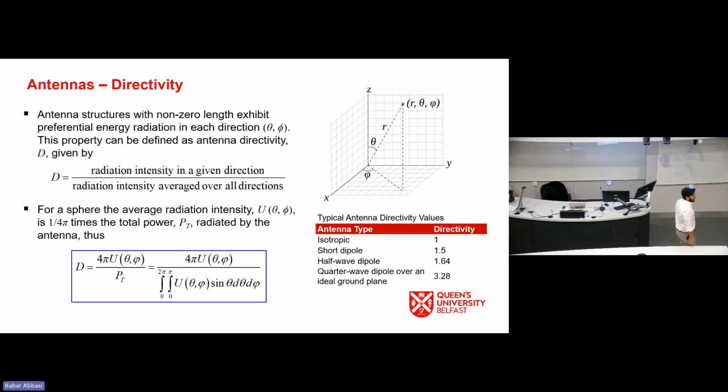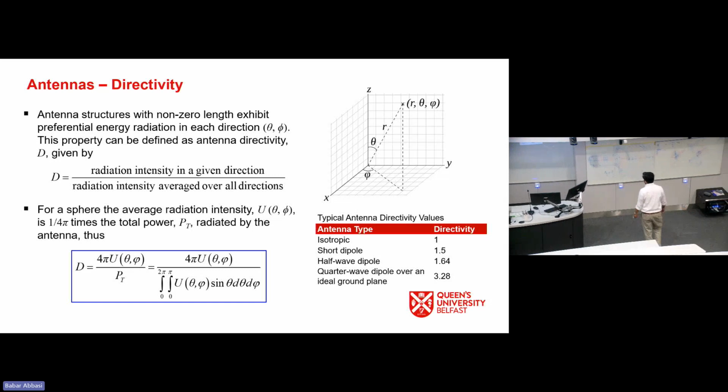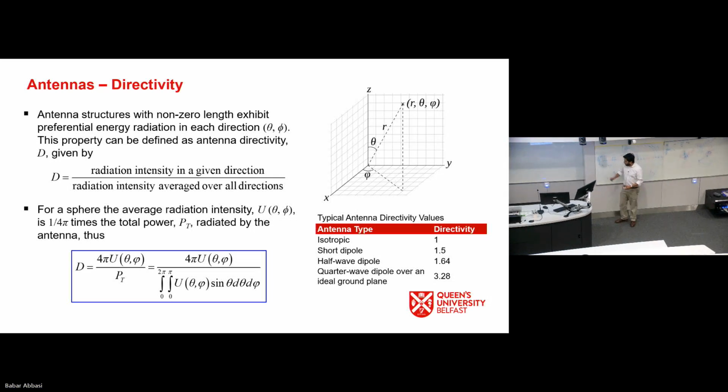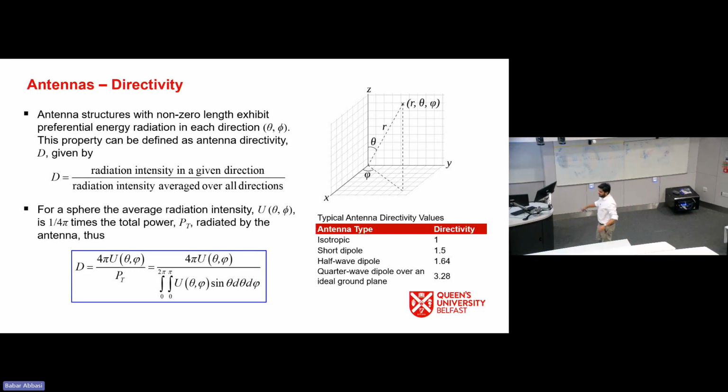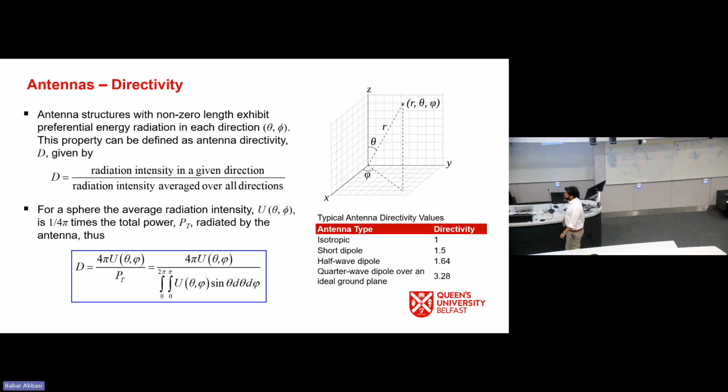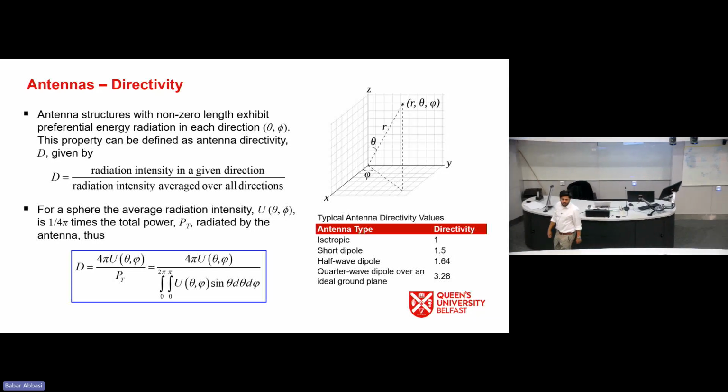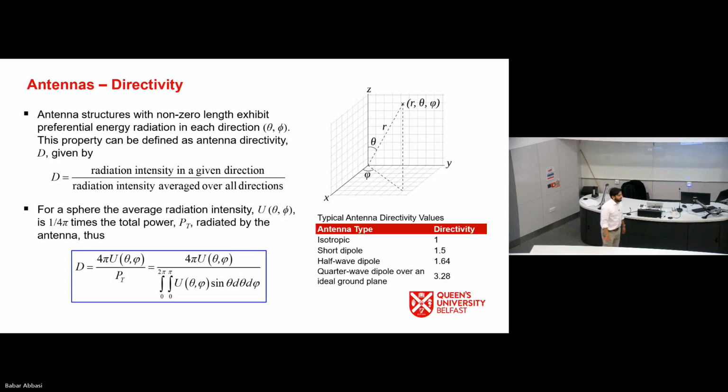The total transmit power can be calculated by looking at how much voltage I am pushing in and how much current the whole thing is drawing, P = VI, or I can take a surface integral of all the power radiated by this antenna and divide the 4 pi intensity by that.